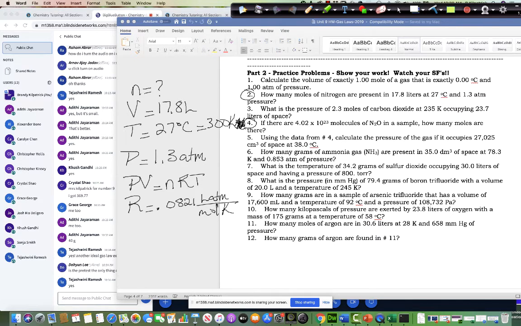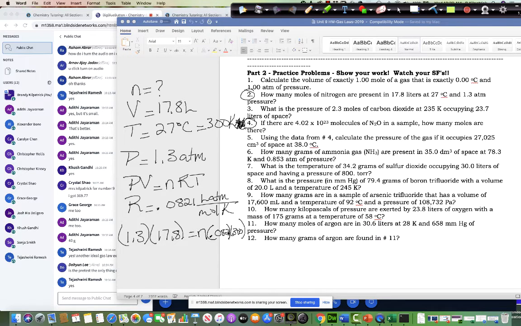So at this point, I'm just going to plug that into the ideal gas law. My pressure is 1.3, my volume is 17.8. Number of moles, that's what we're looking for. Our gas law constant, multiplied by my temperature of 300.